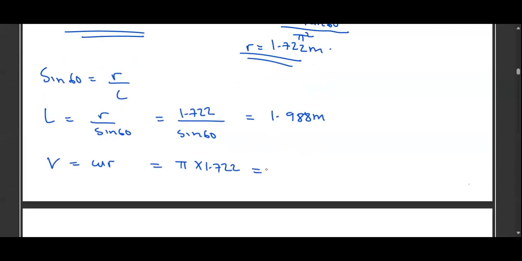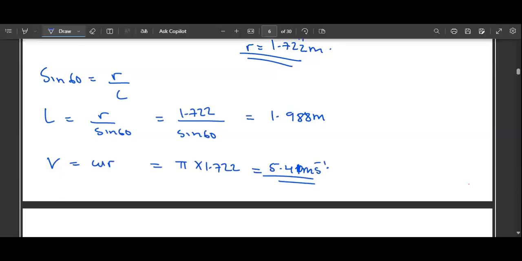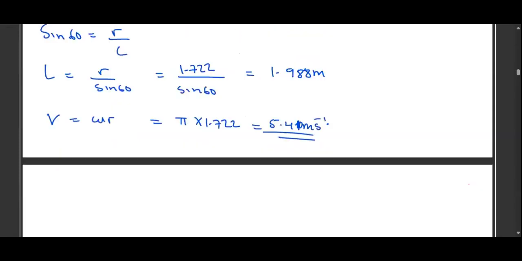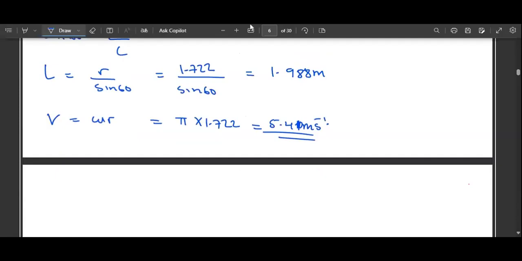Then you can come up with our answer, which is 5.4041 meters per second. That will be the velocity of the attached mass. V is equal to omega r. So that is question 1 and question 2 of mechanics.